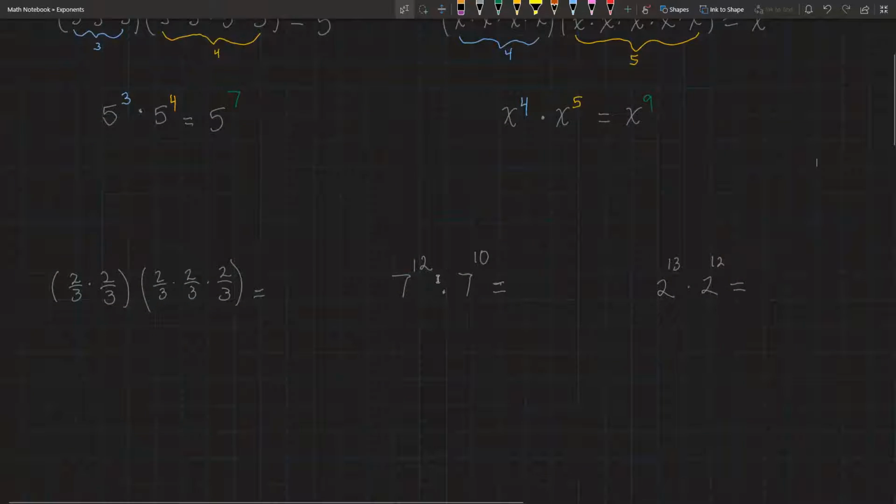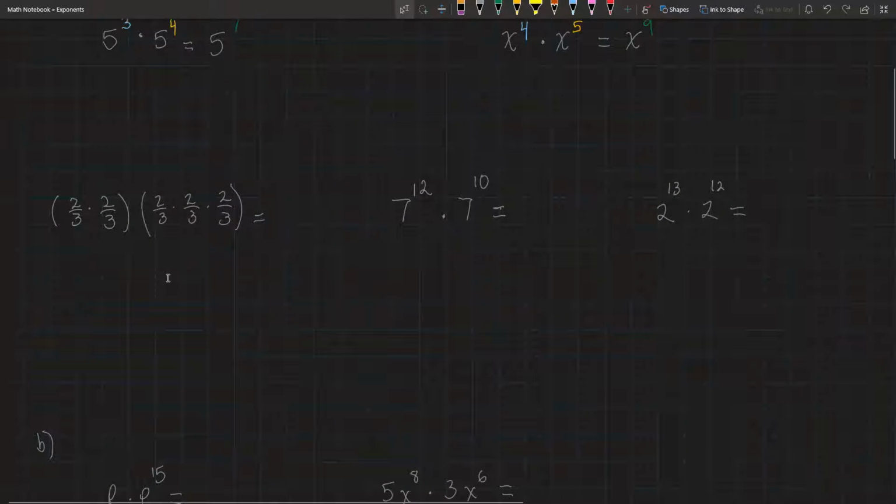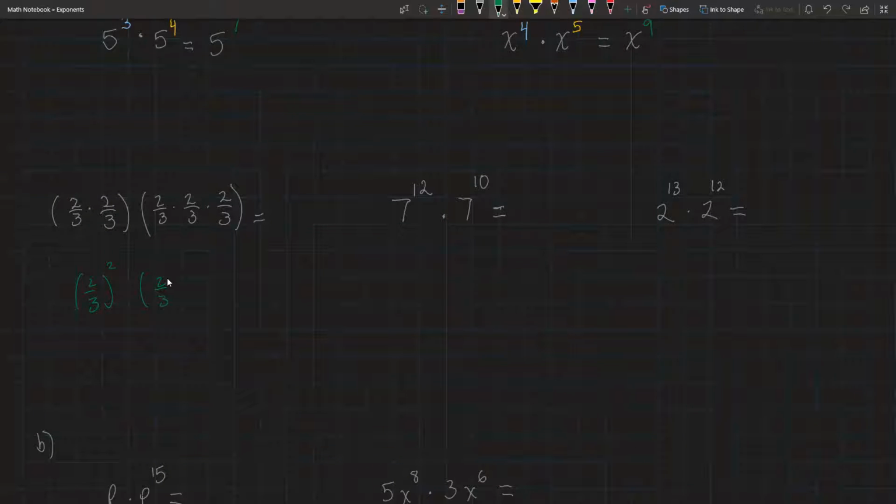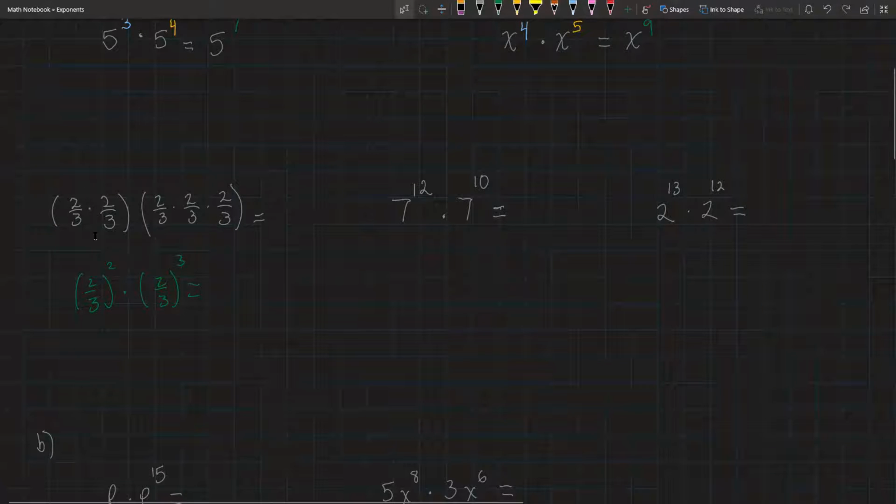And look, I guess here we could have said the same thing. Now I'll write it just in green. This is 2 over 3 to the second power, and the second something is 2 over 3 to the third power. But if you forgot that, oh, I can add the exponents when I'm multiplying the same base, then at least we can say, all right, with the expanded form, we can make that into compact.